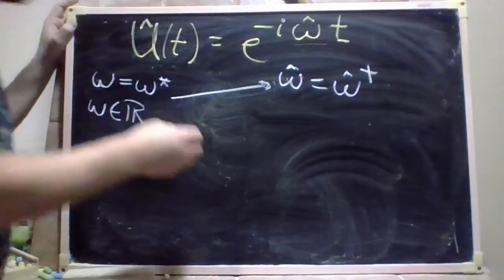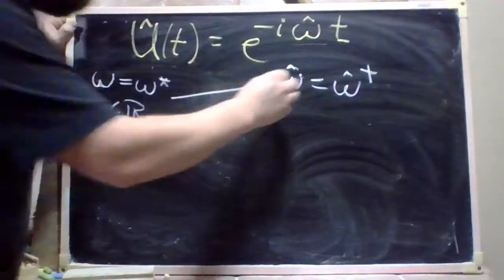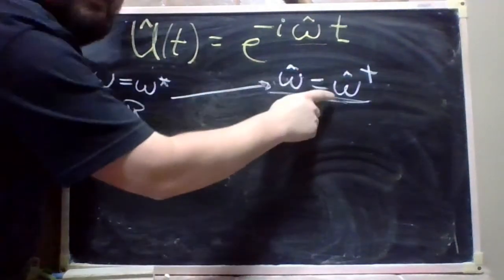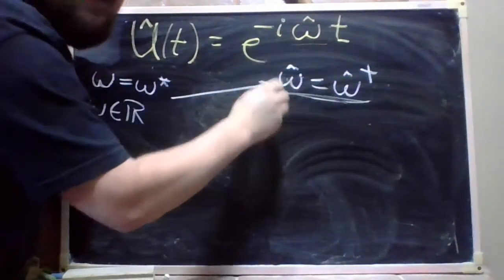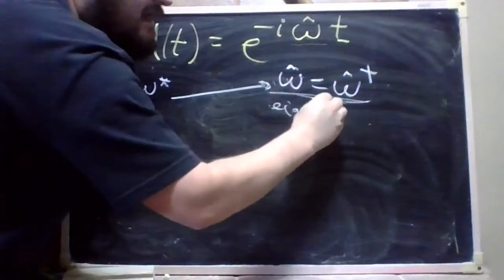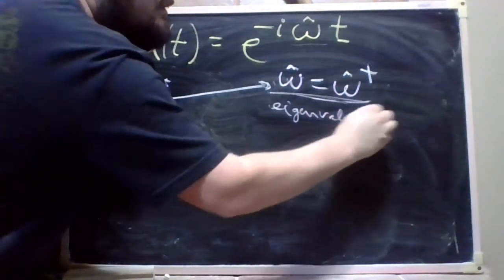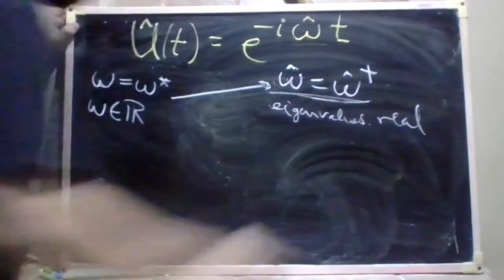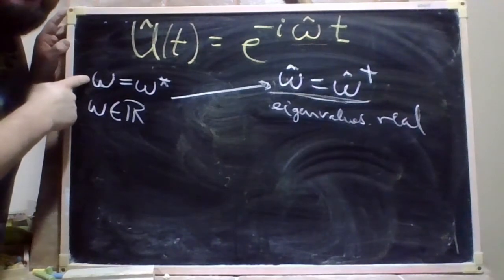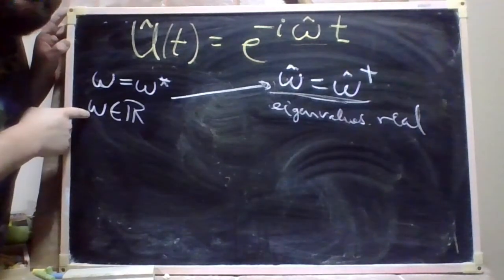All right, it's better to say it that way. So these matrices here are Hermitian, which means eigenvalues are real of the omega here. Eigenvalues real. All right. So for a single complex number, only one frequency, which is real.